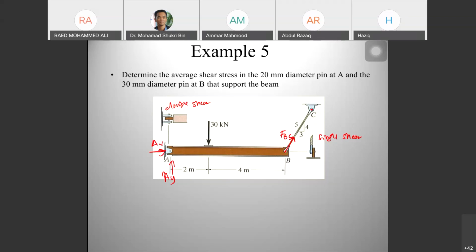This member A, B has 3 forces: force at B, force at A, and force here.